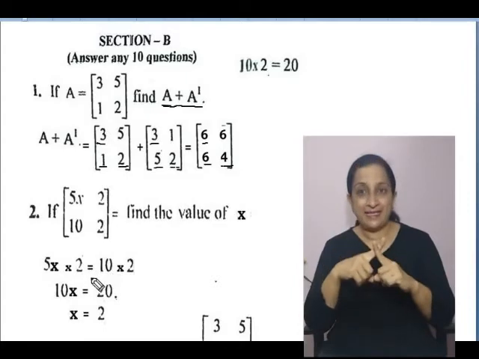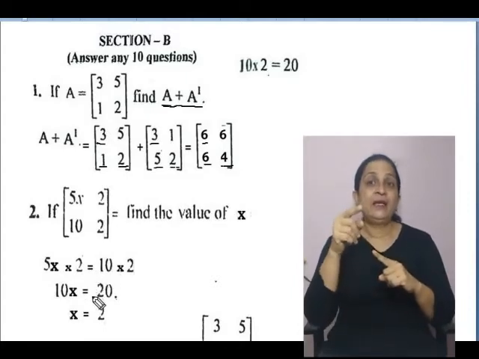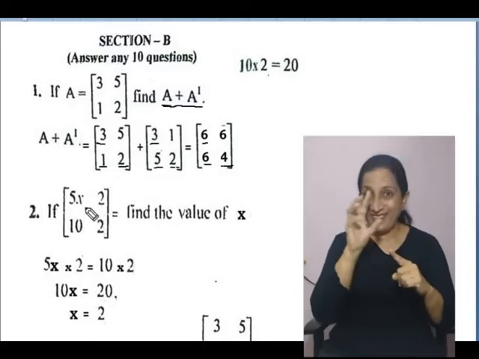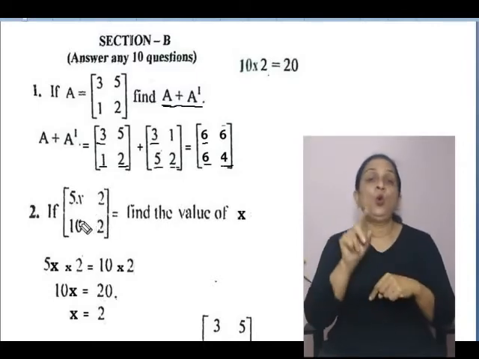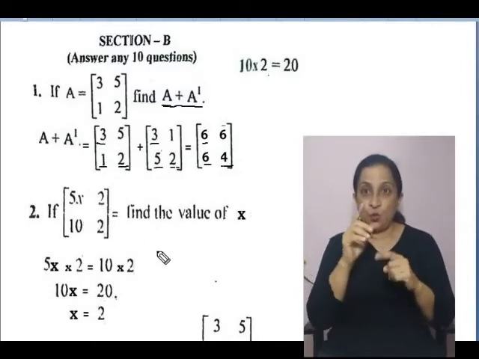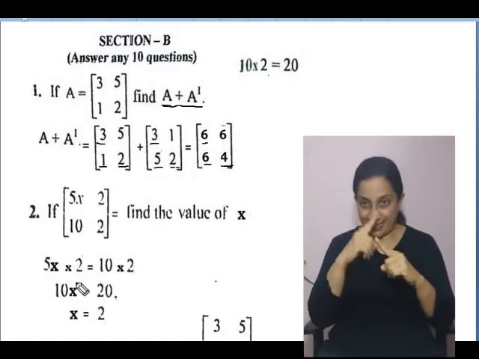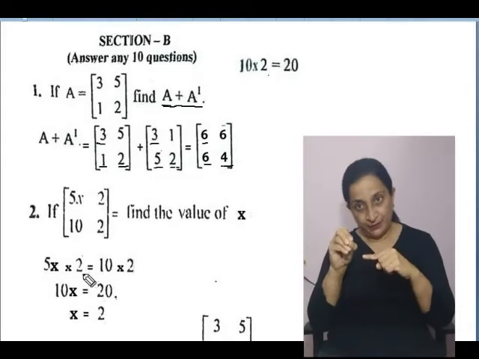10x, and then minus 20 is equal to 0. So minus 20 you take to this side.